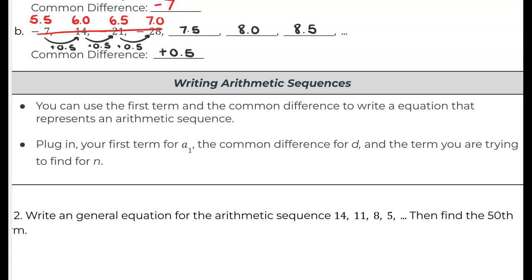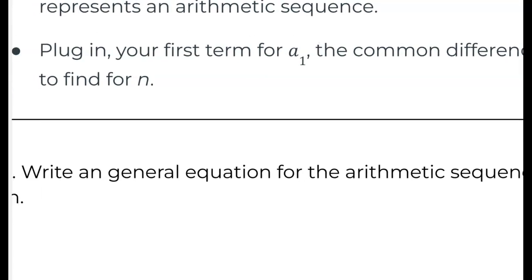So the formula is, if we're trying to find just the nth, we call it the nth term, and nth just stands for any number. We could say a sub n, the little n below. That n is just going to stand for whatever term we want to find, whether it's the 50th, the 62nd, the 77th.